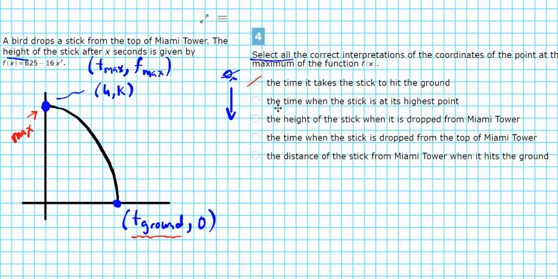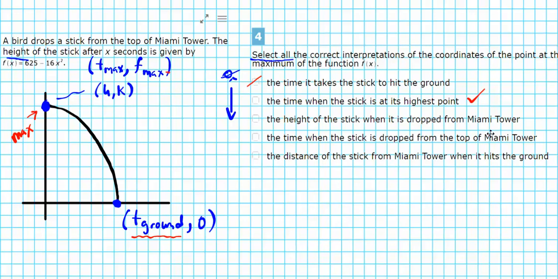Option 2, the time when the stick is at its highest point. At what point is the stick at its highest point? At the maximum right here, at the vertex. So this is a correct interpretation of the x-coordinate of the vertex. Third option, the height of the stick when it is dropped. At the moment when the stick was dropped, what was the height? The height was the maximum.